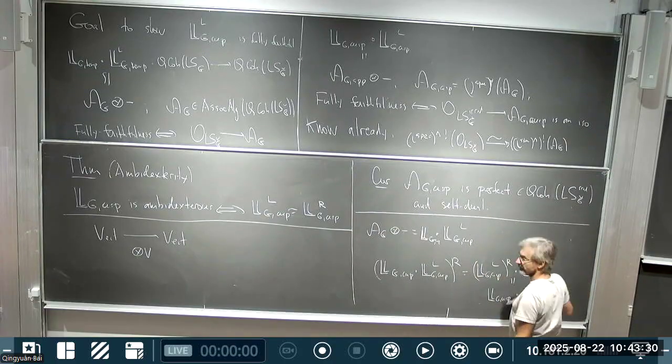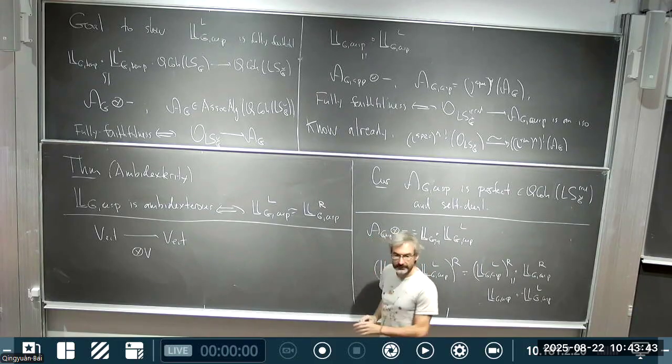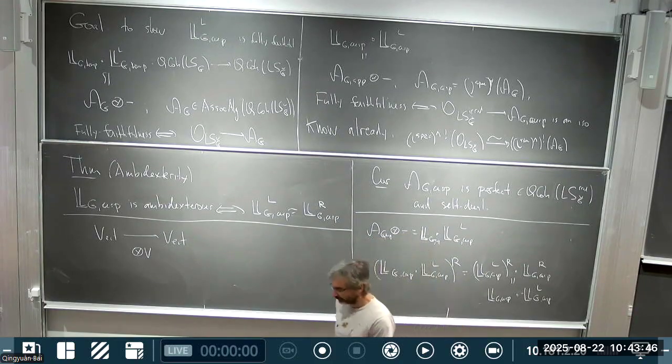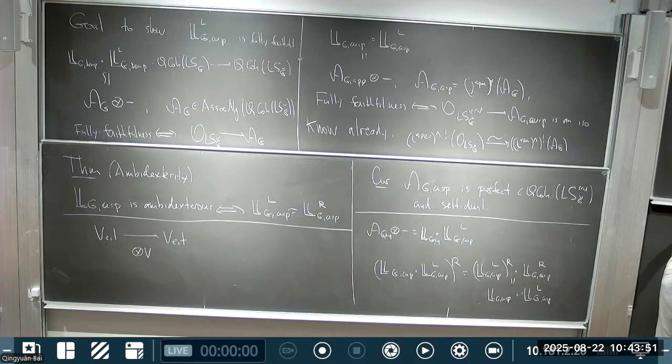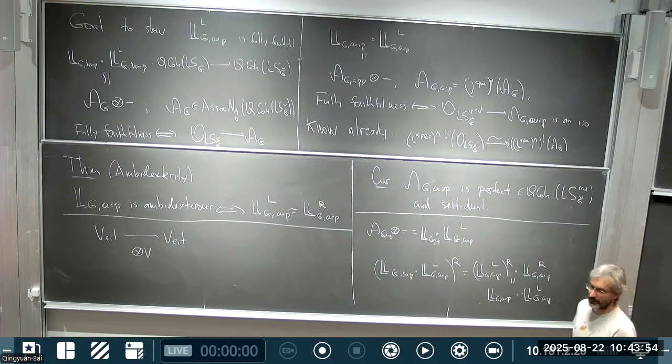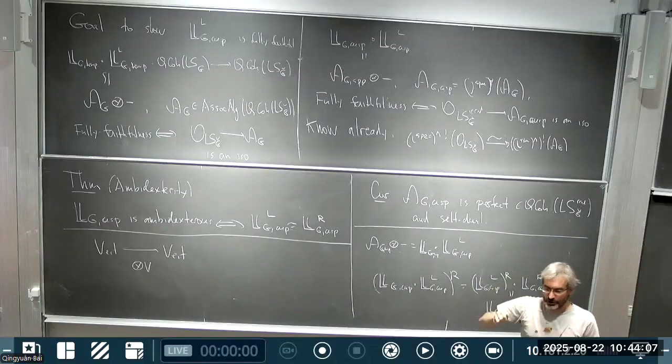We always talk about AG cusp. We are on the cusp. There's a restriction there, but we only know ambidexterity over the AG cusp, which is the restriction of AG to the irreducible part.